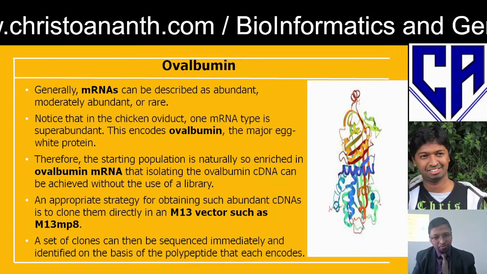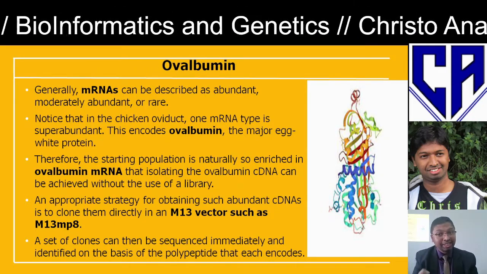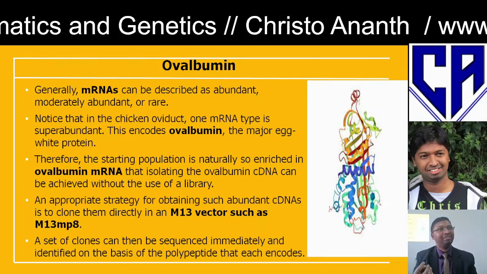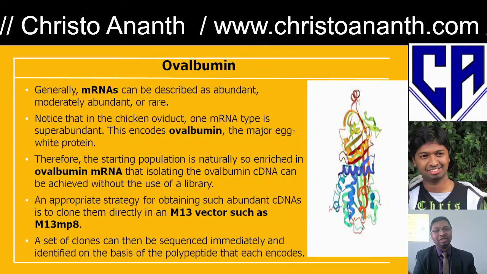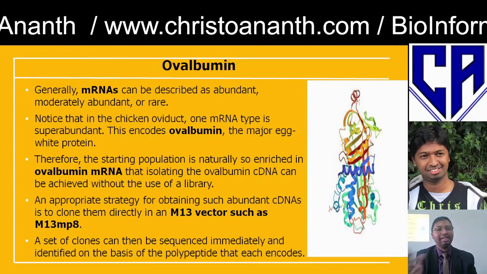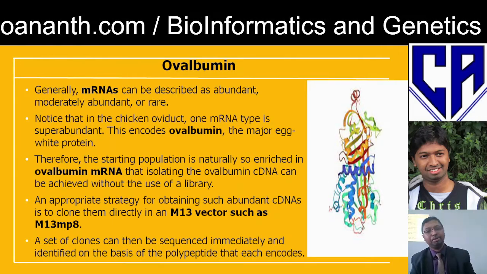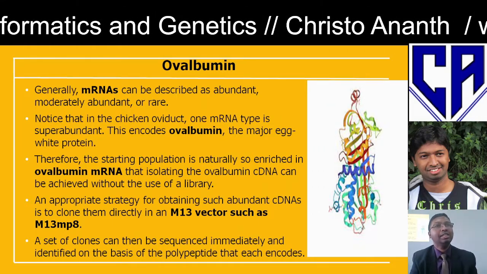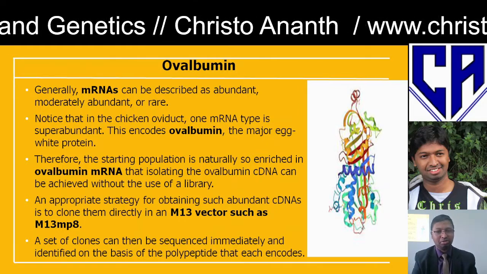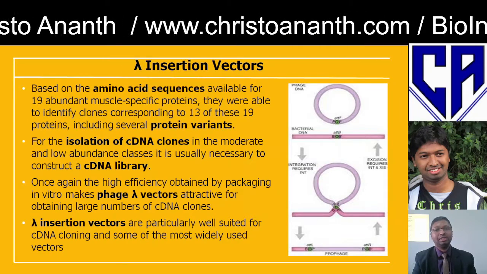To obtain such abundant cDNAs, where we have mRNA with the egg white protein, we generally clone them directly into the M13 vector, M13 mp8. That's the vector used to get this abundant mRNA with the white protein. Then finally we go with the lambda insertion vectors.